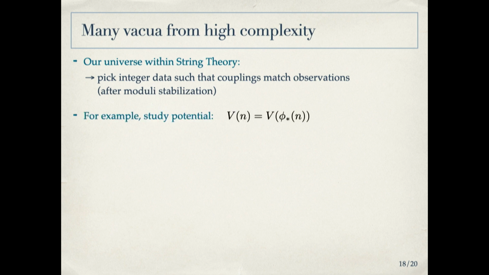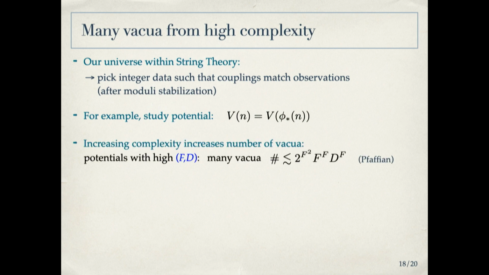For example, we can study the potential and ask what it is as a function of n after we fixed the moduli. Now, the typical argument goes like this. If we have very high complexity, a very complicated function, we have many vacua, and this also follows from what I've discussed. And one of them has a small cosmological constant.